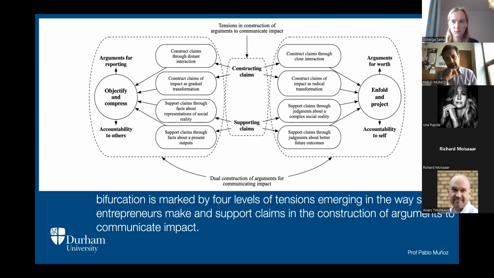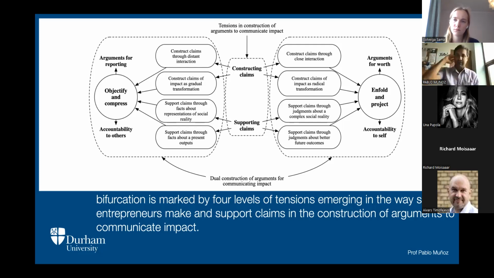Whereas arguments for worth are driven mostly by value judgments and through unfolding and projecting, so making it your own and thinking about the future. You construct those claims through close interactions, by seeing people smiling. And as I was just mentioning before, you dream about radical transformation. It's not just gradual transformation.